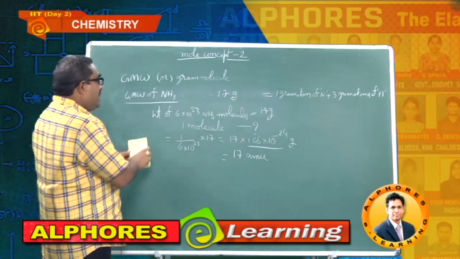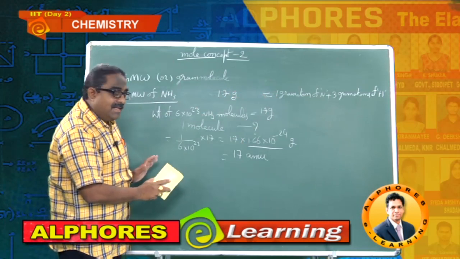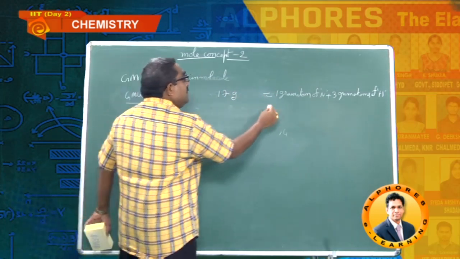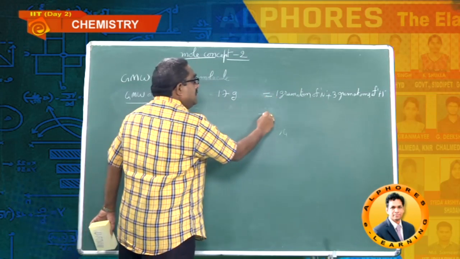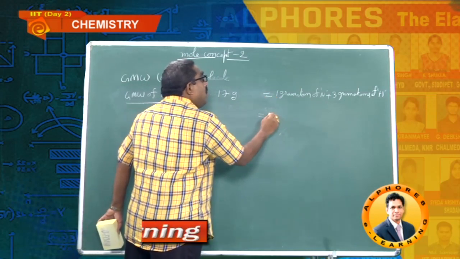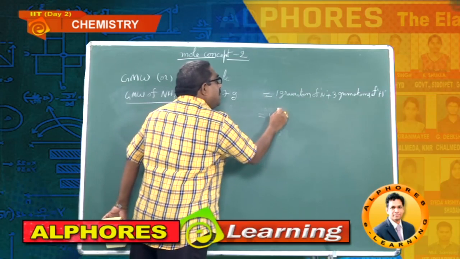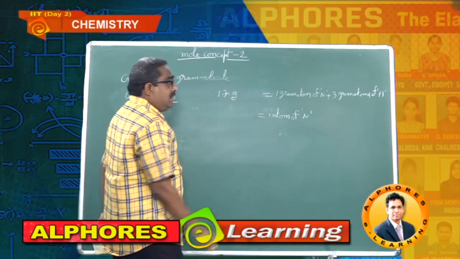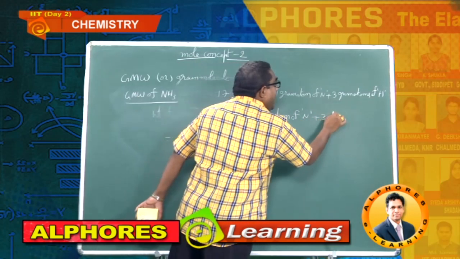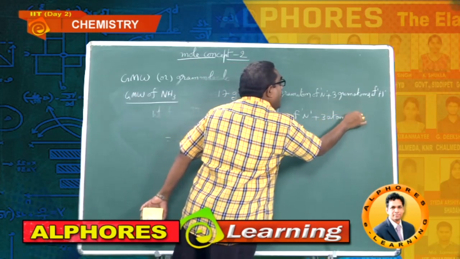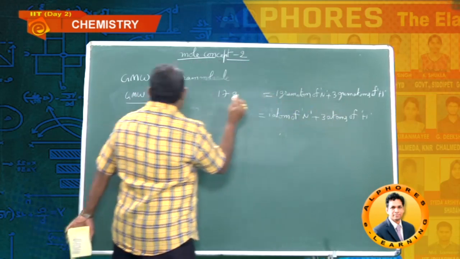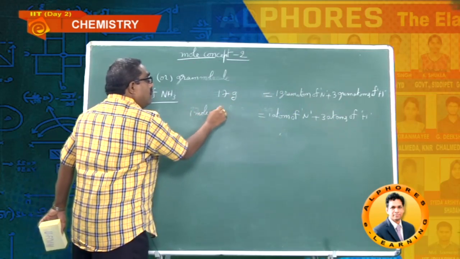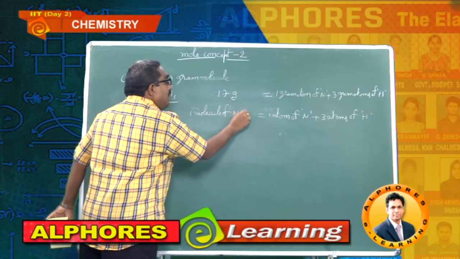Suppose I am going to write like this, students, observe it carefully. Now I am going to write: 1 atom of nitrogen plus 3 atoms of hydrogen gives 1 molecule of ammonia.